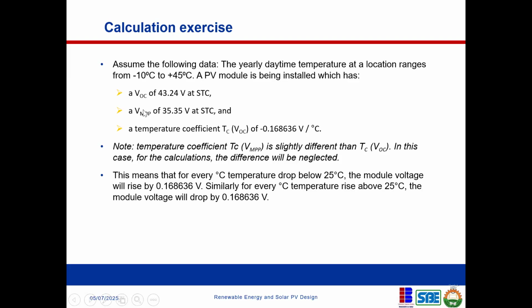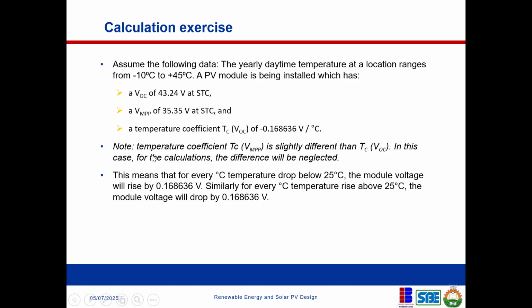Now, at the maximum power point, the voltage will drop to 35.35 volts, okay? Now, the temperature coefficient is minus 0.168, the large value, with the fraction there, right? So that's for the open circuit voltage. For every rise in temperature, this is the voltage that you lose.